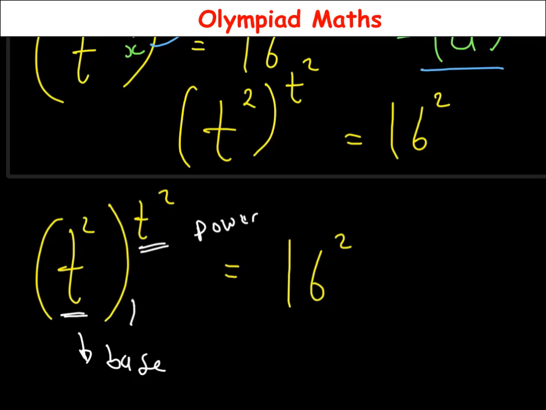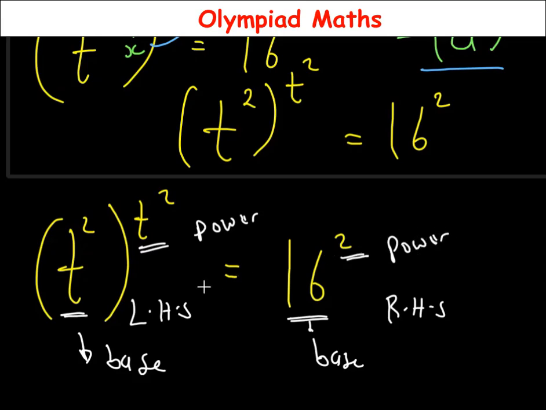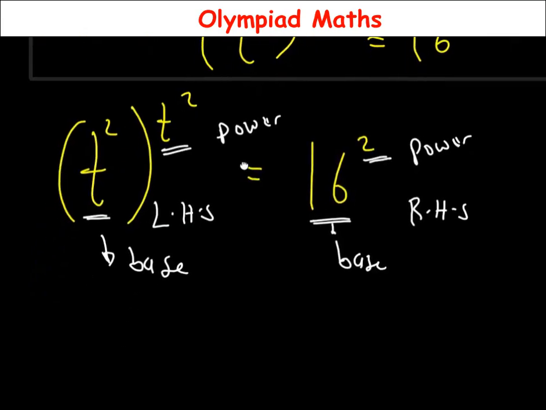So what we have on the left hand side, we are going to make it resemble what we have on the right hand side, in the sense that the base right here should also equal the power right here, so that we can then compare the exponents and then solve for the value of t. Now, how do we go about it? It is very simple.